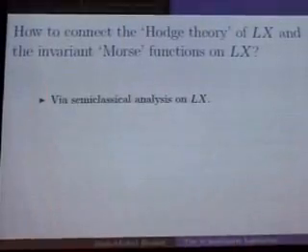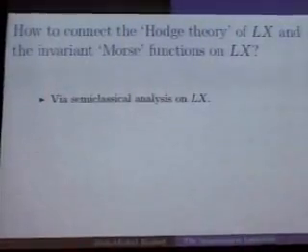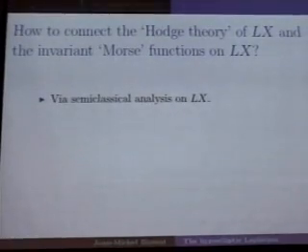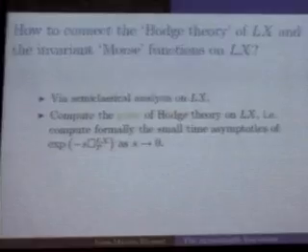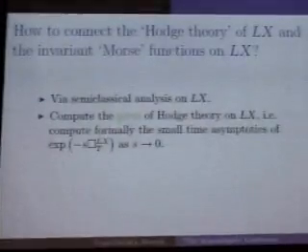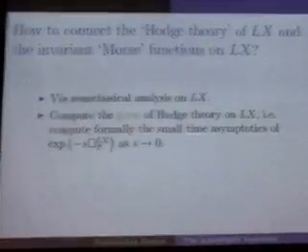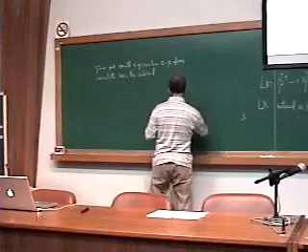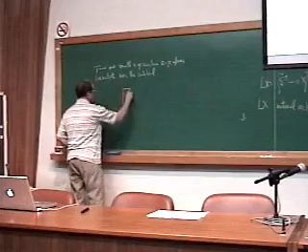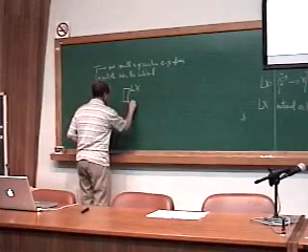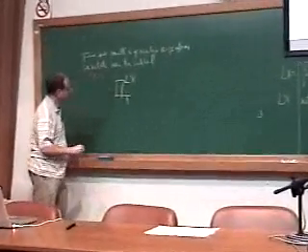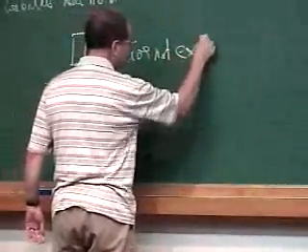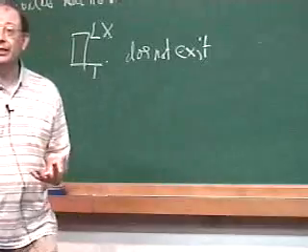So the way we will do this will be via semi-classical analysis on LX. What do I mean by this? I certainly know that again, the Laplacian on LX, I even introduce a parameter t here, does not exist. But let's pretend that it does.